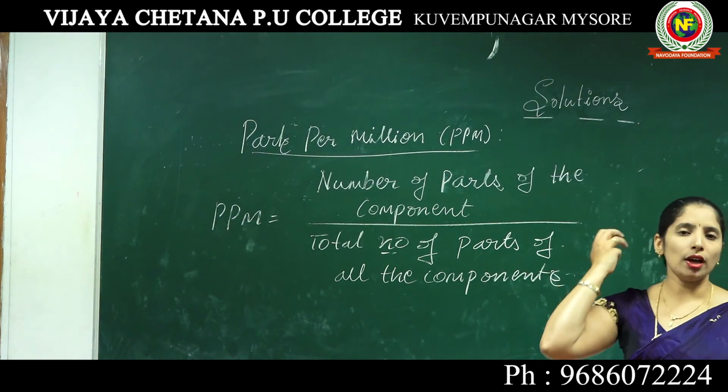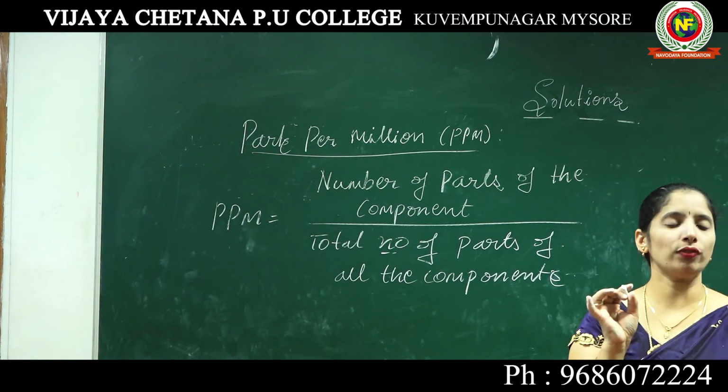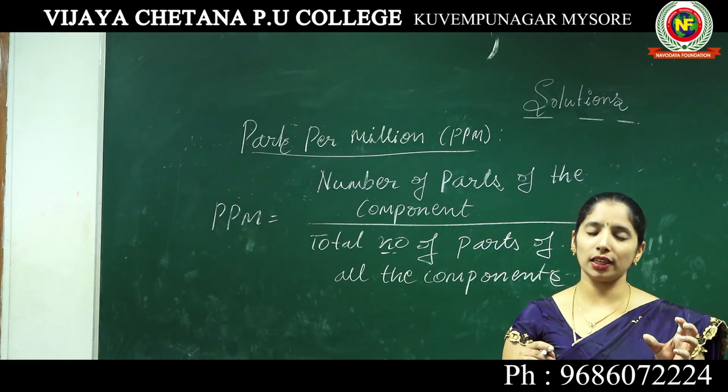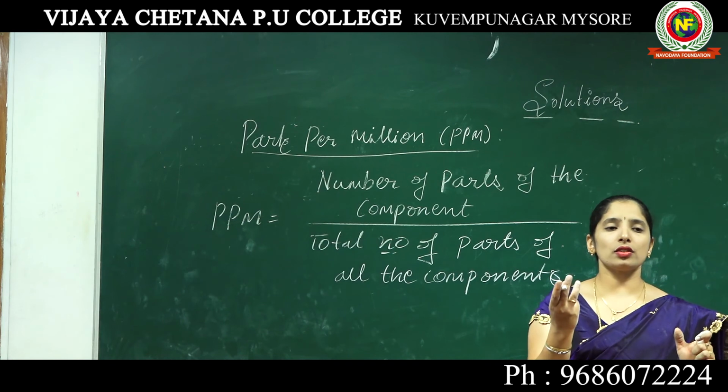We call it parts per million. Parts per million is mainly used where the solution consists of traces of solute in it.